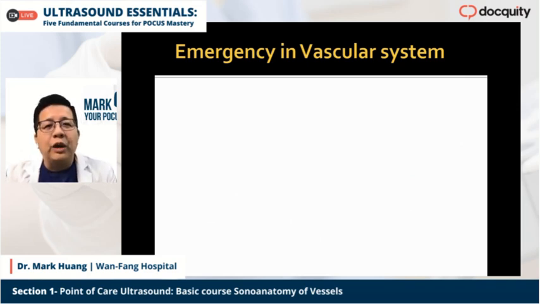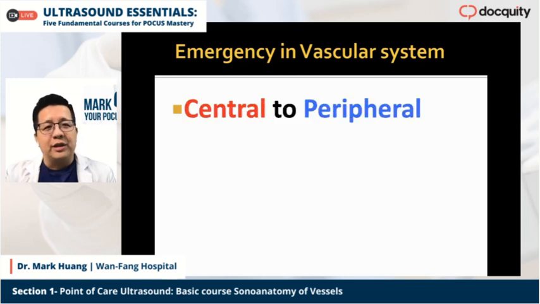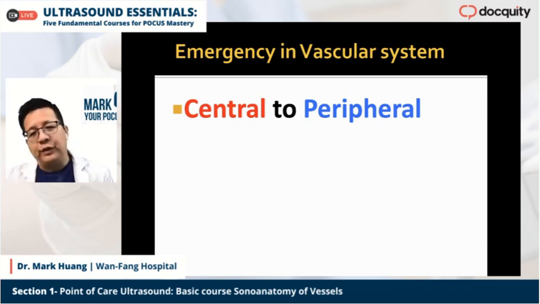If we want to use POCUS on the vascular system, we need to know the vascular system is very dangerous and very emergent. So my scanning strategy will go from central to peripheral.